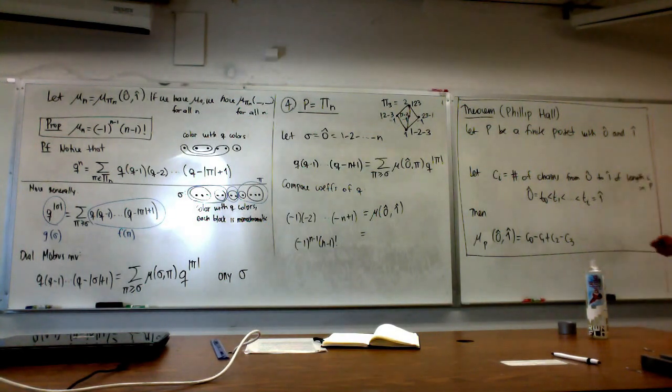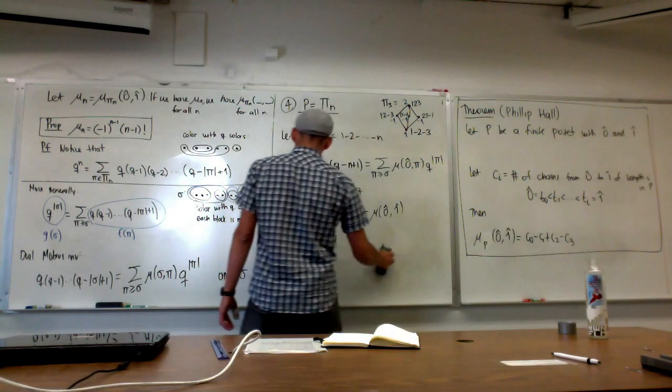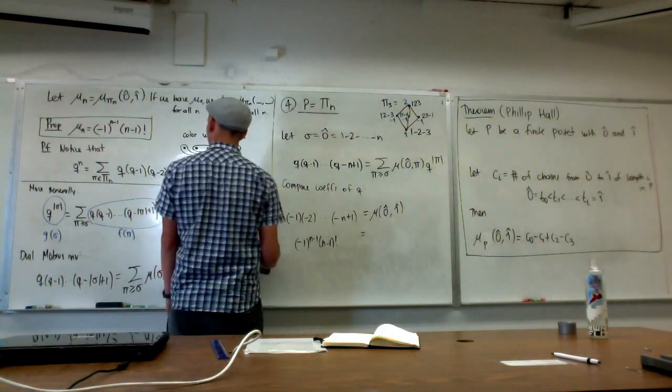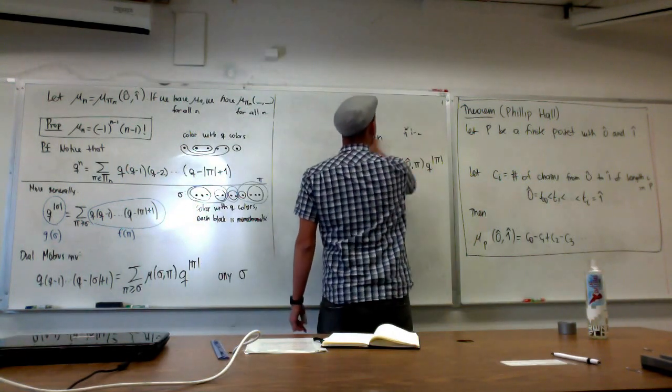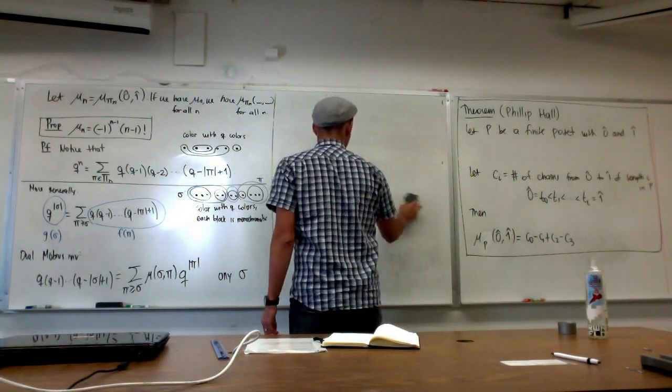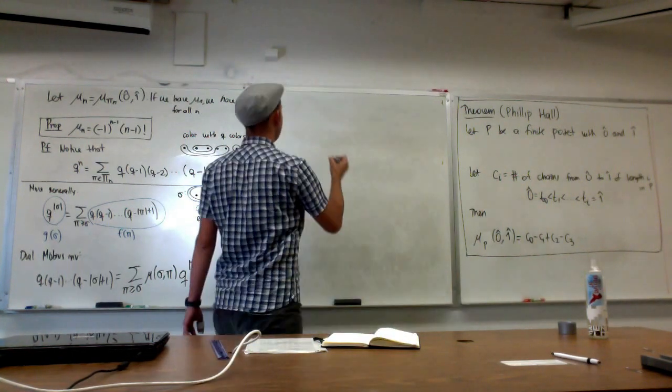So it's something that applies to any poset with a 0 and a 1. Okay. So that's Philip Hall's theorem, and let's give a proof.